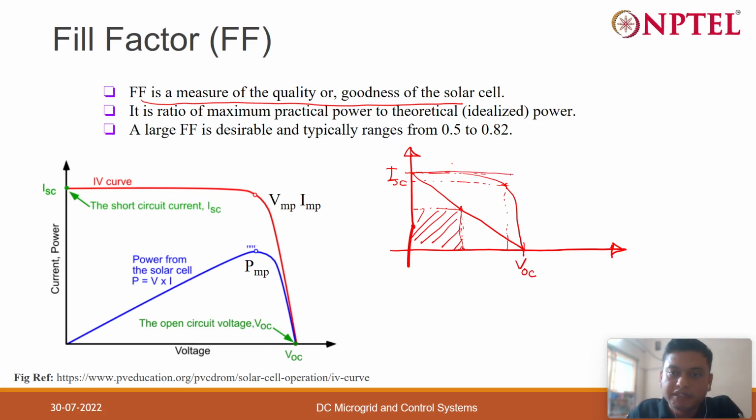The more deviation from this rectangular curve, the worse the cell is. This is the ideal characteristic of a PV cell, which is not physically possible. You can't extract power at VOC and take current at ISC. This is the ideal case.